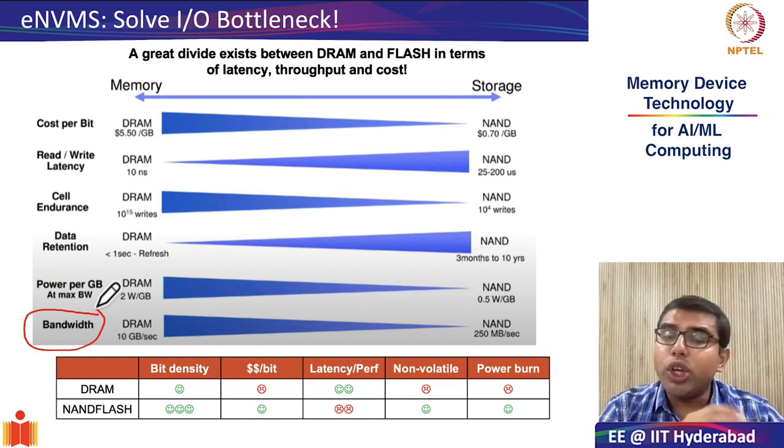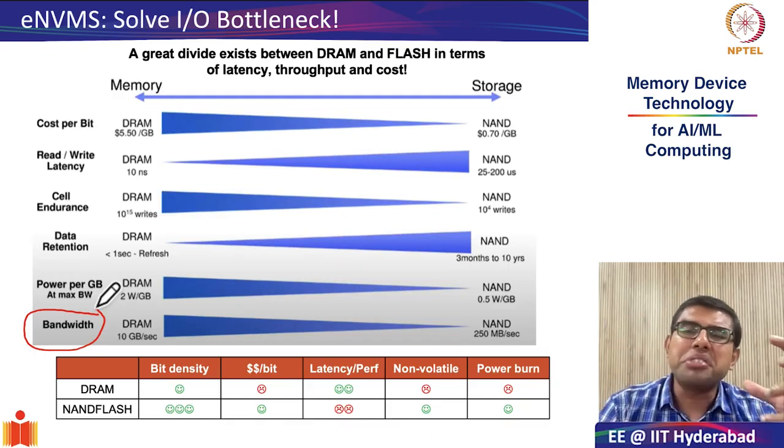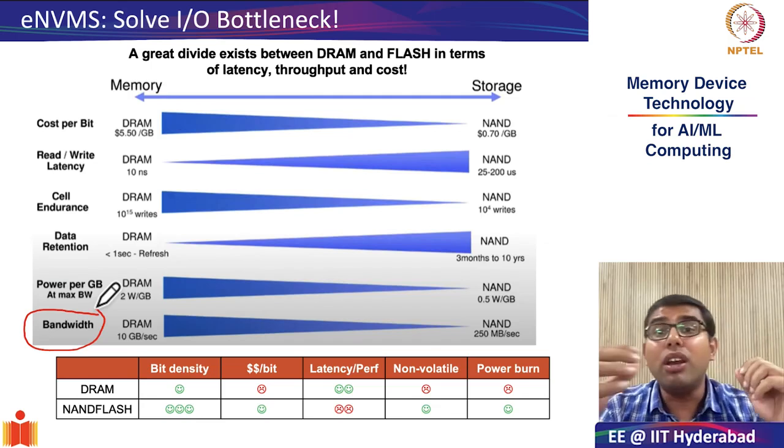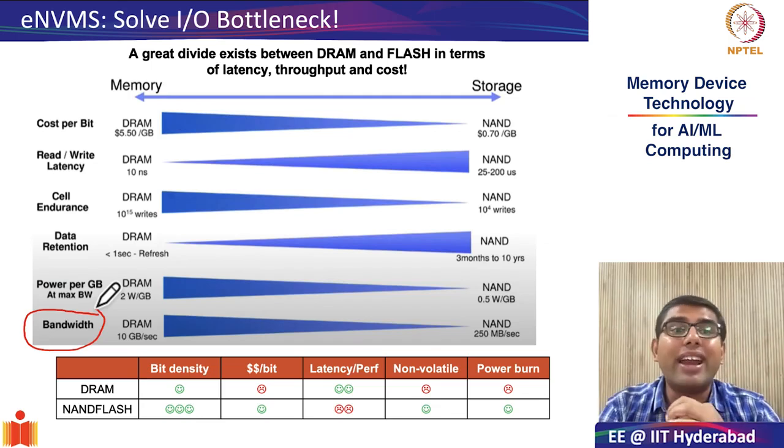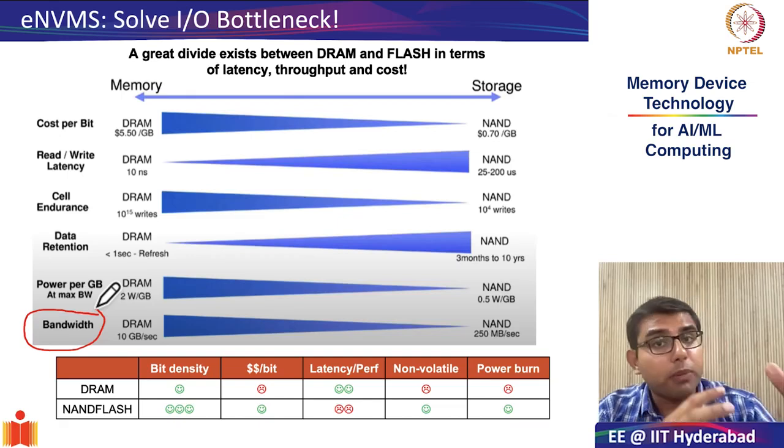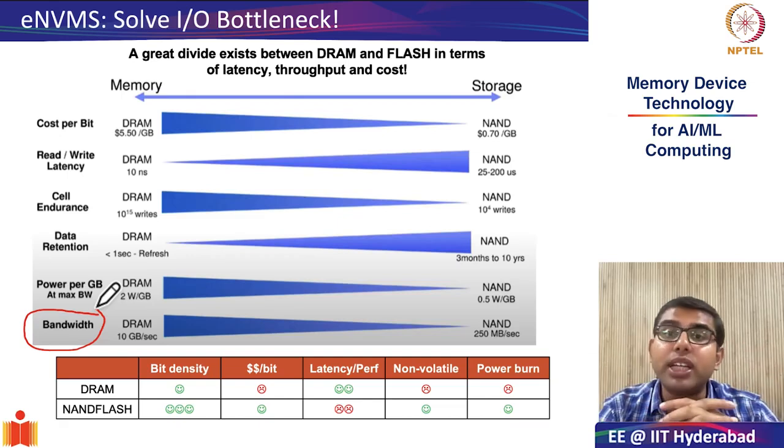The pinch of the IO bottleneck was not really felt in the era of the logic computing paradigm, where you were just doing number crunching and data was very infrequently taken from the storage subsystem into the main memory. There the main bottleneck was between the CPU subsystem and the main memory subsystem.